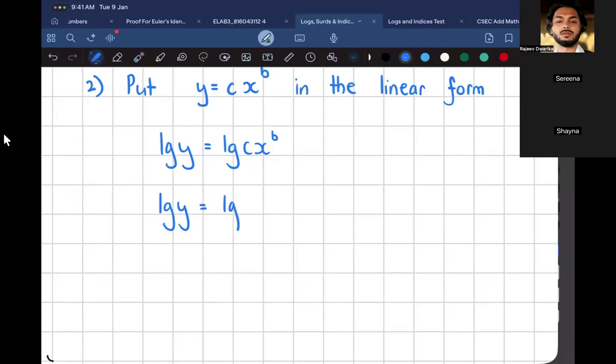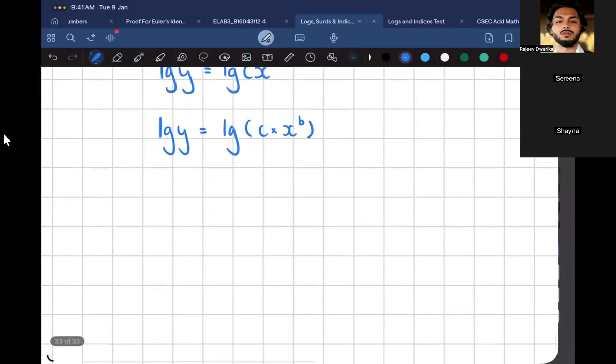Instead, I'm going to write log, open bracket, c multiplied by x to the power b, so you can see it clearly. What do you think I'll have to do in the next step? Power. So I would say log what? Log c plus log x to the power b.